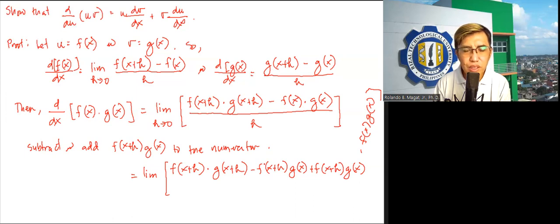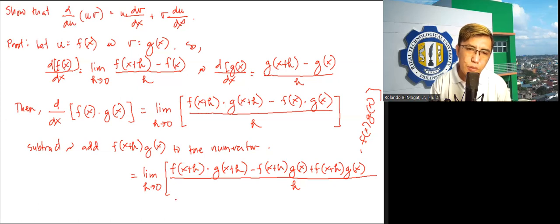We did that because we would like later on to regroup muna, magre-regroup muna tayo ng mga terms which are common in the sense of f of x and g of x. So what we have here is what?